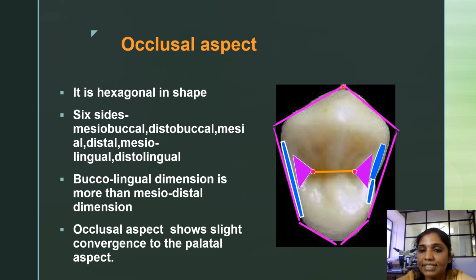Here this is more compared to this measurement. Occlusal aspect shows slight convergence to the palatal aspect, that you will clearly appreciate in this picture. This is converging towards the palatal side. Here it is wider and here it is less wide.